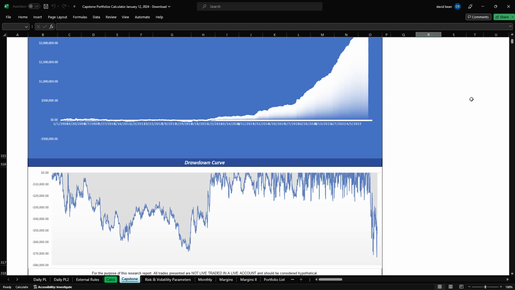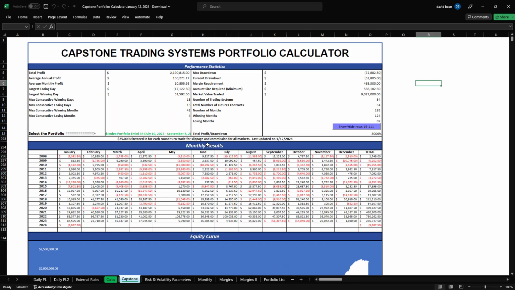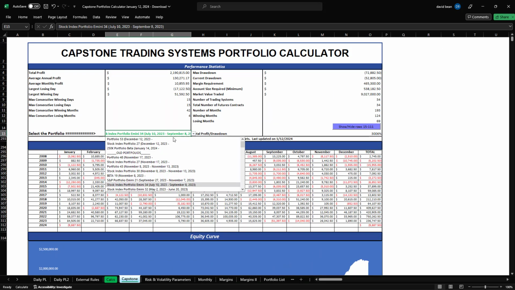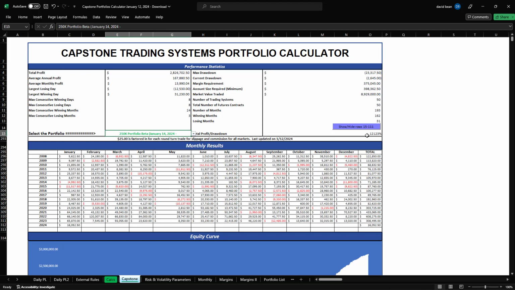So we adjust for a dead VIX environment, and we are trading this setup right here, stock 250K portfolio beta, released on January the 14th for our managed account, 250K portfolio, 12,123 total profit over drawdown.